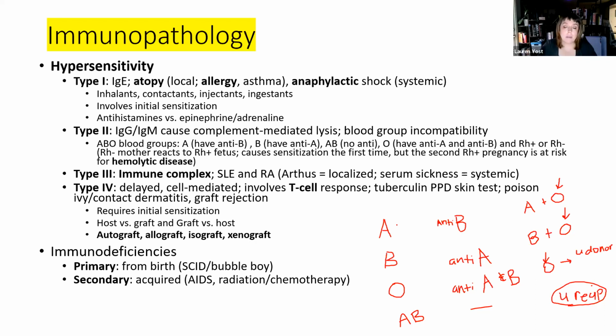The baby doesn't develop blood until later on in development in the womb, so she doesn't react to it right away. In fact, on her first pregnancy, she might not even know that she is RH negative and the baby's RH positive, and there is a reaction going on there. It's with the second baby that it becomes an issue.